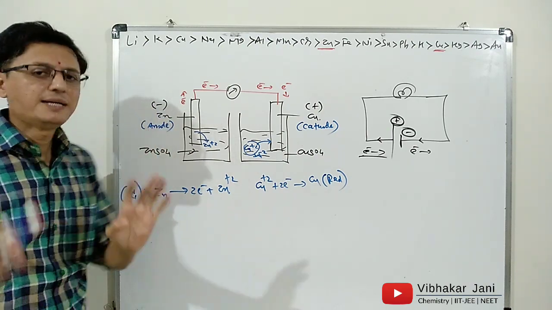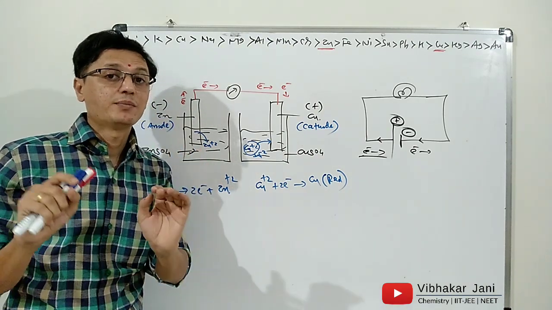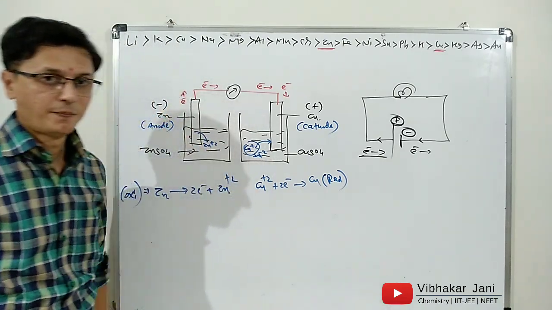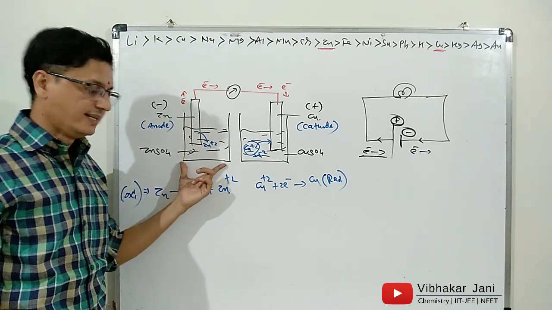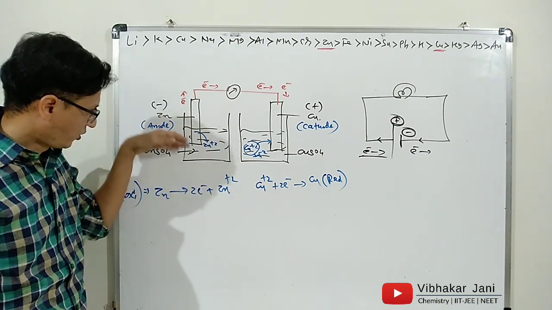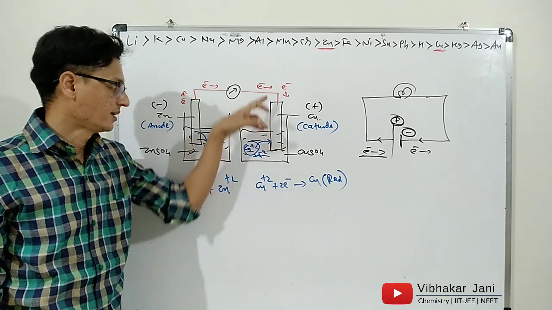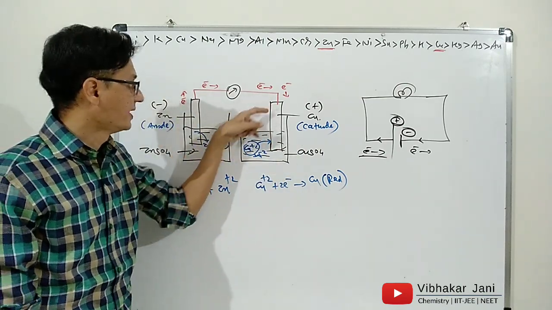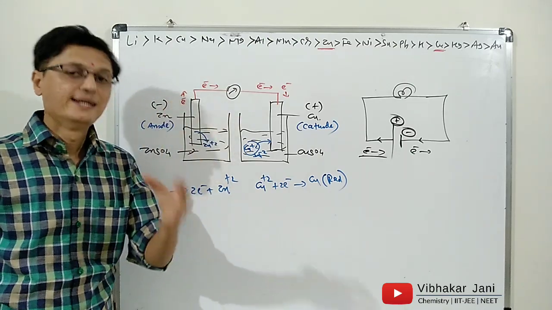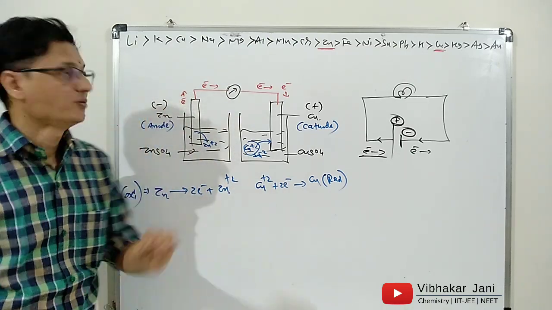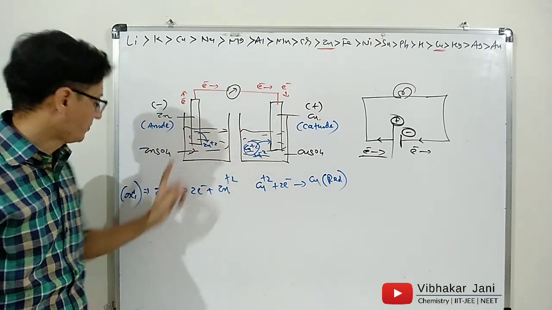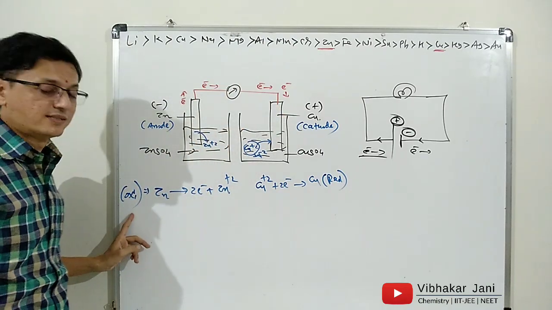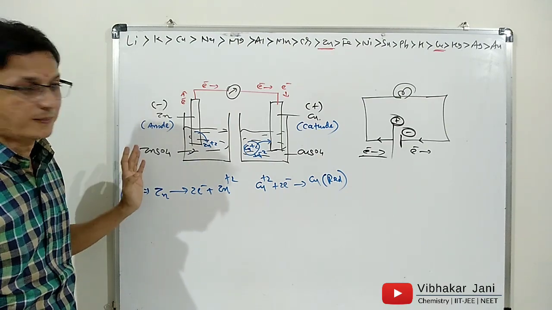So this is the very basic information about the Daniell cell and the reactions which are occurring in it. Once again, the zinc sulfate solution contains a zinc rod, the copper sulfate solution contains a copper rod. The zinc and copper rods are attached by a copper wire. Zinc, being more reactive, releases electrons, that means zinc is oxidized, and as zinc is oxidized it is considered the anode.